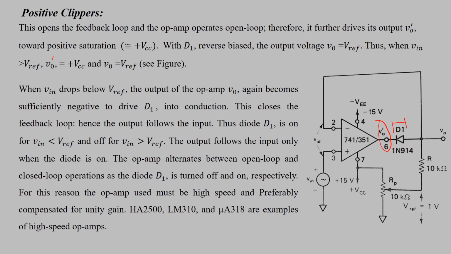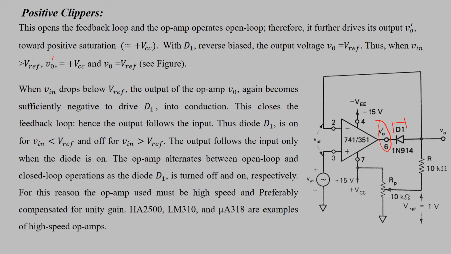So when Vin drops below V reference, the output of the op-amp again becomes sufficiently negative to drive D1 into conduction. This closes the feedback loop, hence the output follows the input. Thus, diode D1 is on when the input is less than the reference and off when the input is greater than the reference.